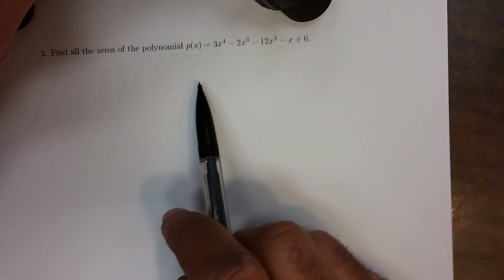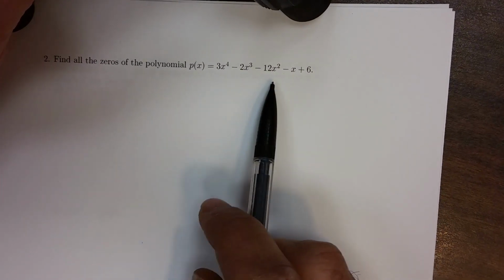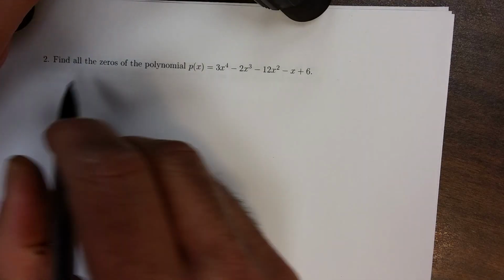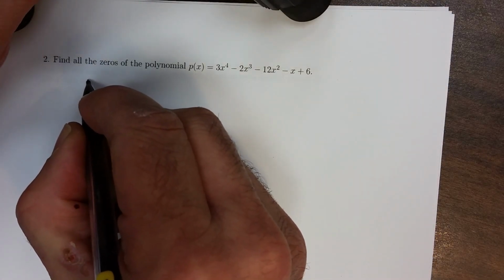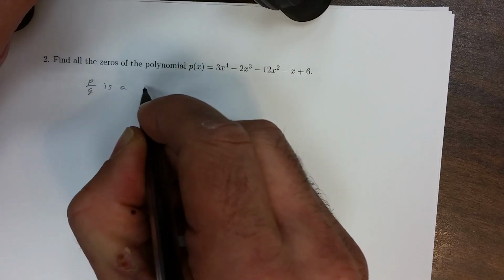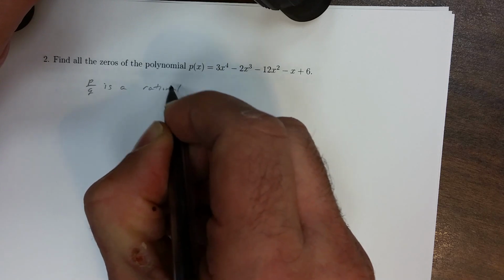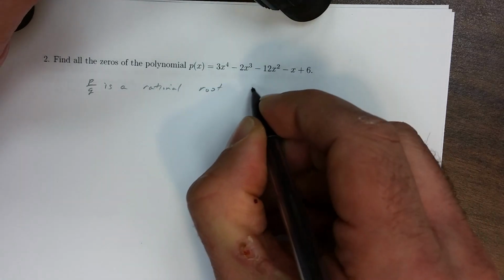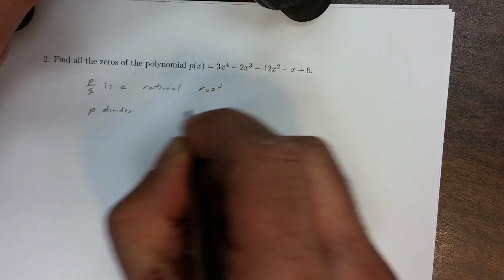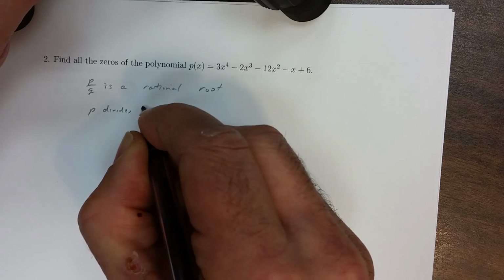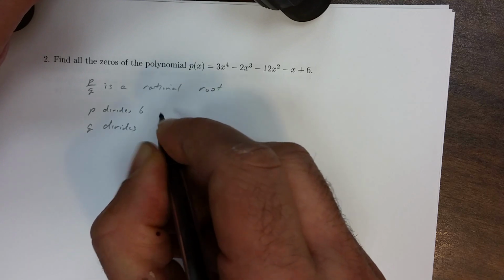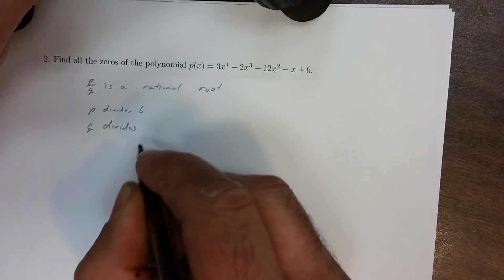Hopefully that's visible. 3x to the fourth minus 2x cubed minus 12x squared minus 6x plus 6. We know that if p over q is a rational root, then p divides 6 and q divides 3.